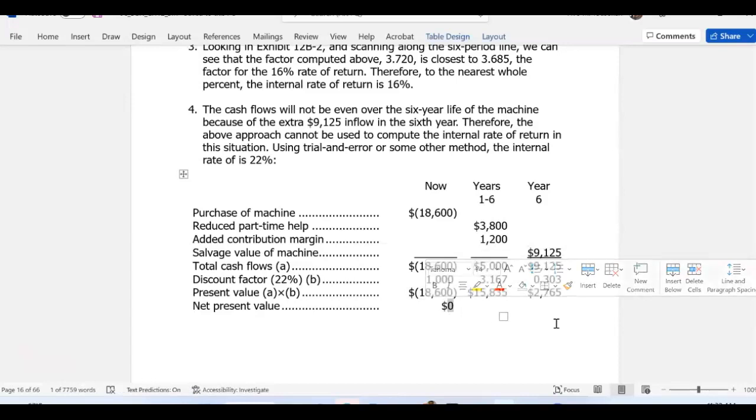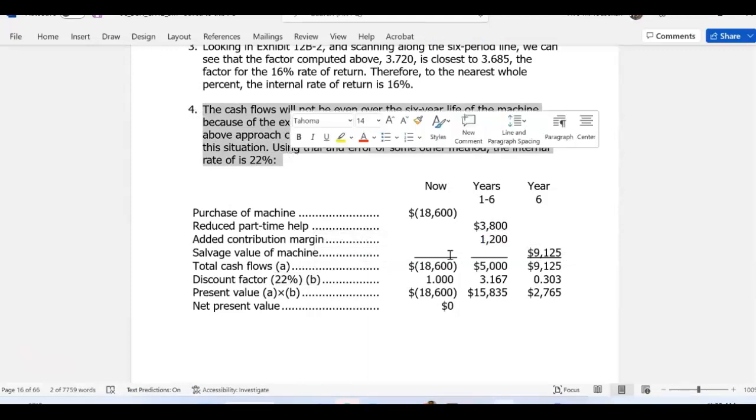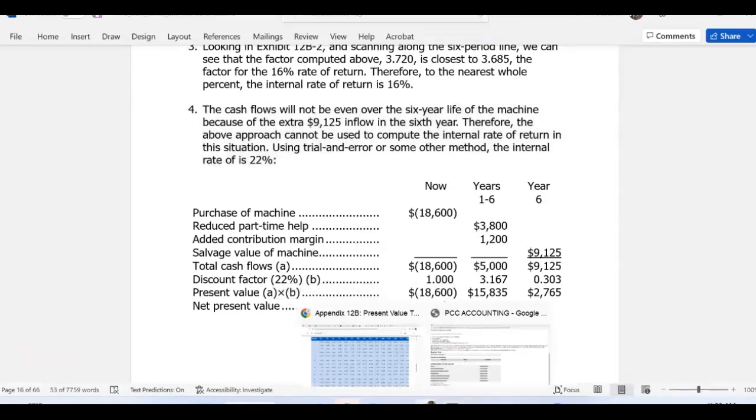And that's how you know 22% is the internal rate of return for this type of scenario that we have, with a salvage value of 9,125. So I'm going back and just showing you where those two factors are coming from.